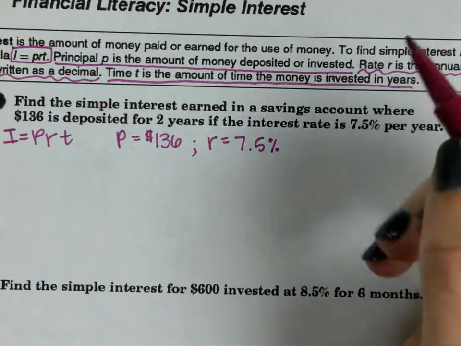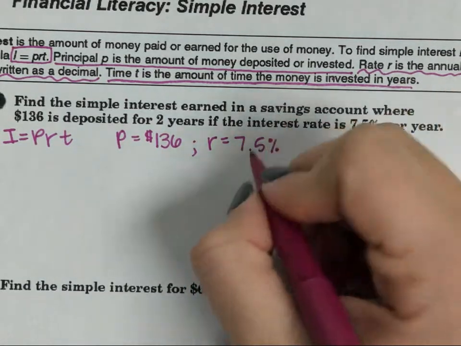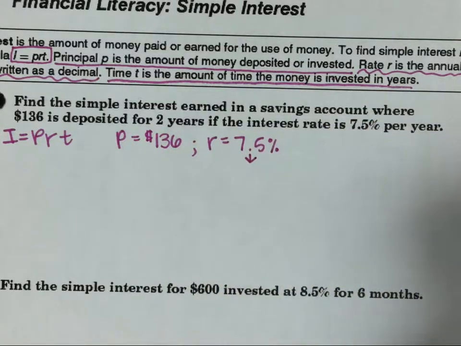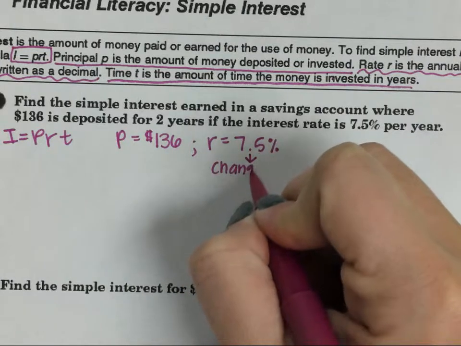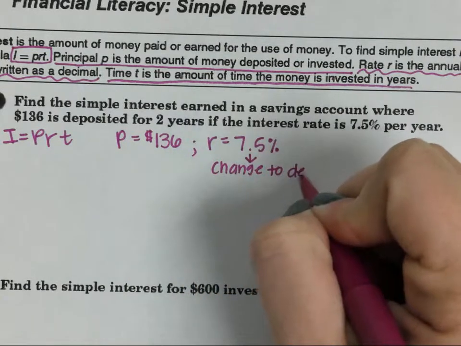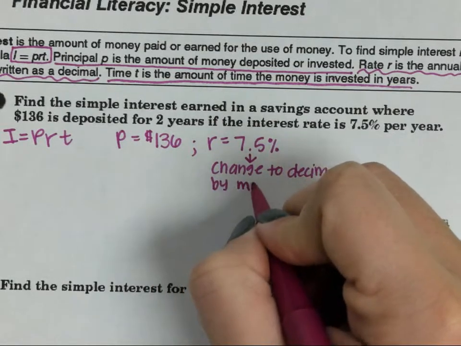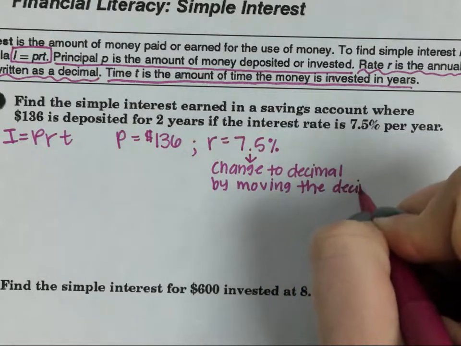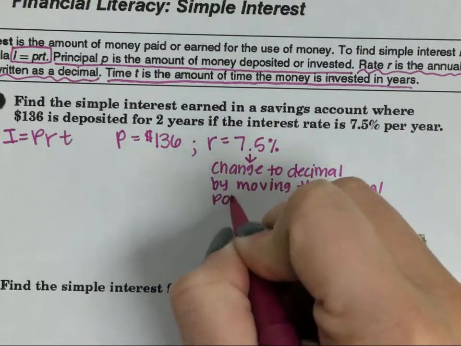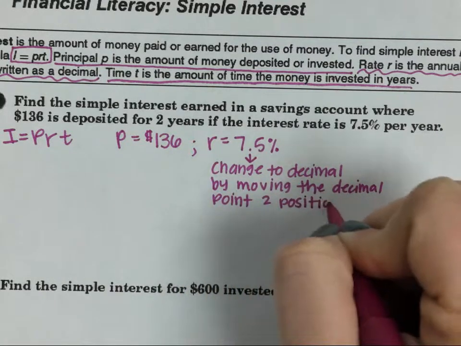Whichever you choose to do, I'm just going to move my decimal place because I think that's a little bit easier and it takes less time. But let's go ahead and write that so that we don't forget exactly how to do it. What we're going to do here is change this to a decimal by moving the decimal point two positions in what direction?